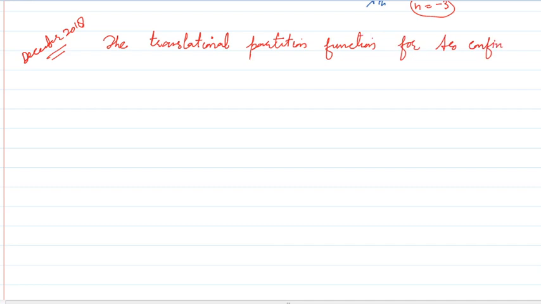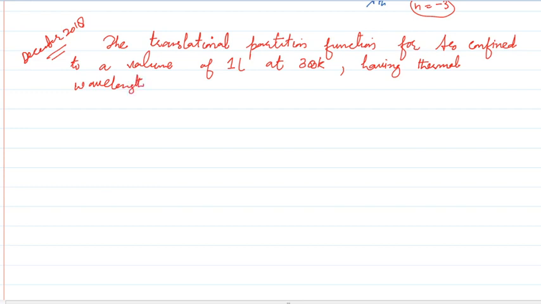The question is: the translational partition function for argon confined to a volume of 1 liter at 300 Kelvin, having a thermal wavelength of 1.6 into 10 raised to power minus 11 meter, is?